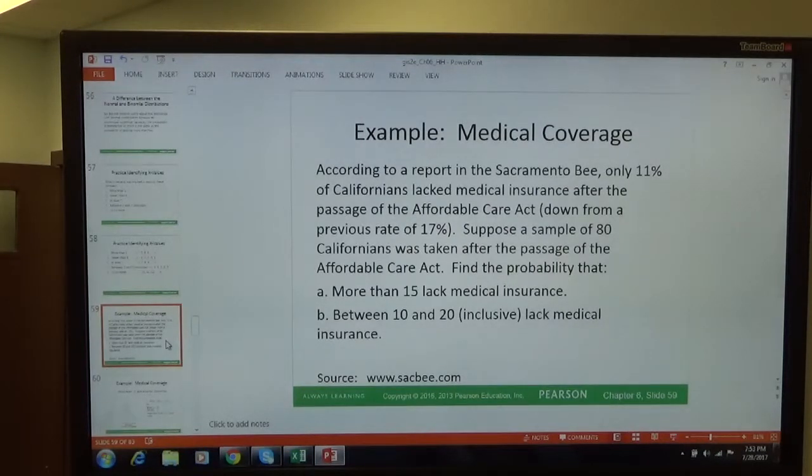Excel, if you choose cumulative, will only give us from 0 all the way to 15. So it's 1 minus, but be careful, 1 minus whatever Excel gives us.